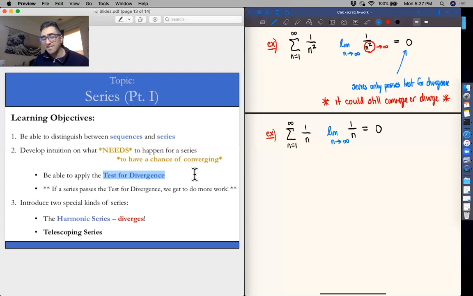Again, we see the same exact thing happen. Because this is 0, the series passes the test for divergence. But all this means is the series passes the test. It could still converge or it could still diverge. We get to do more work.